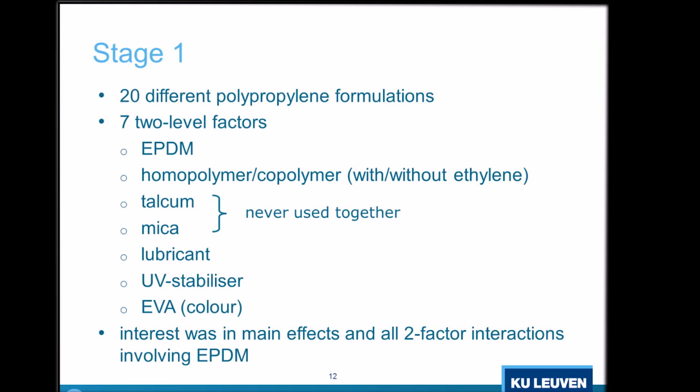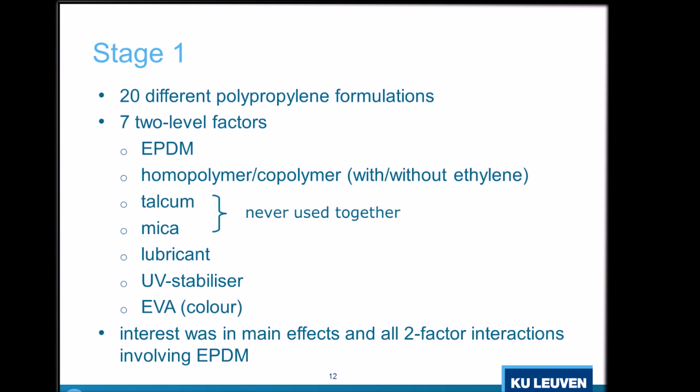On slide 12, I give some details about the way in which the 20 batches of polypropylene were made. The different formulations were defined by 7 two-level factors. You can read the names of the 7 two-level factors there. Now, one thing was special about the 7 two-level factors, and that was that talcum and mica, 2 additives, could never be used together in the experiment.